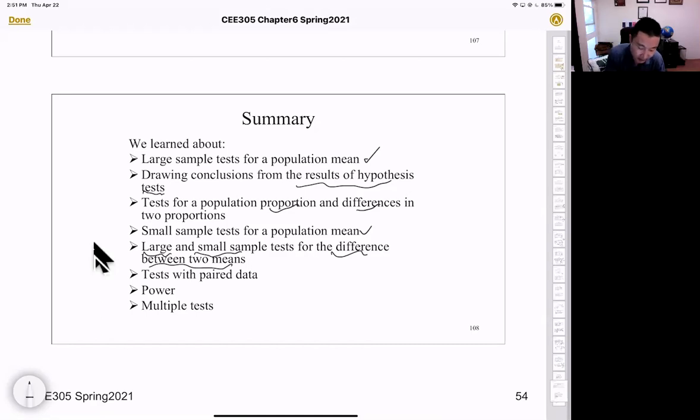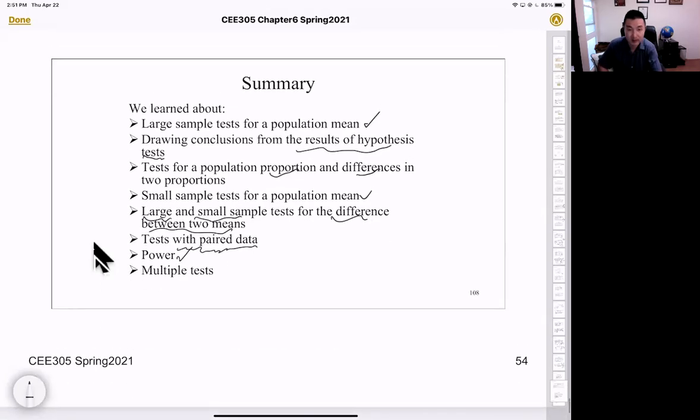Then lastly, we discussed hypothesis tests for paired data. And don't forget the definition of power. You do not need to know how to do the calculation yourself, but know what power means. So that's the end of chapter 6.